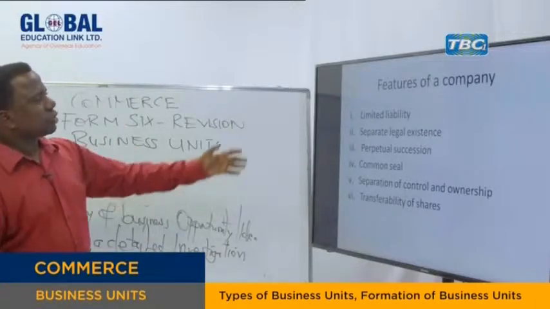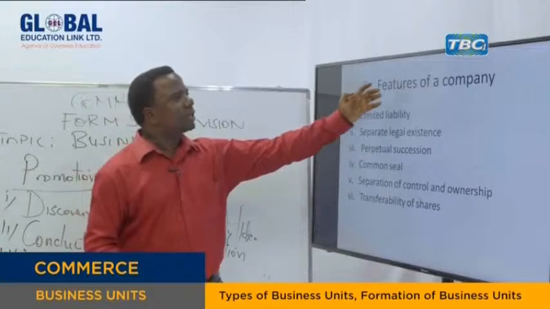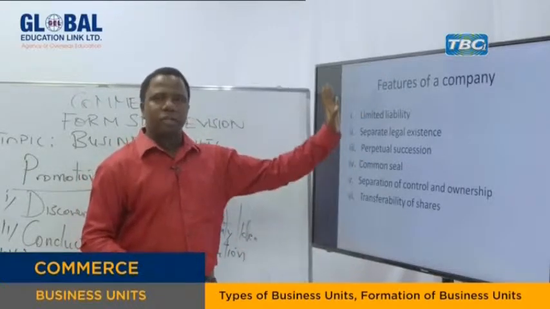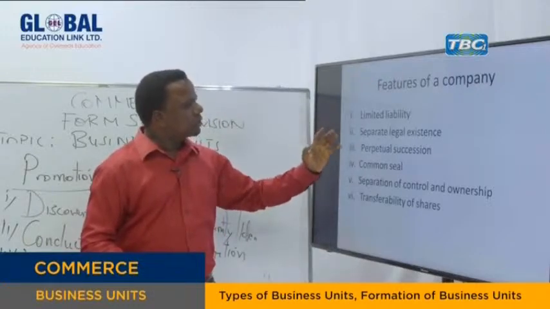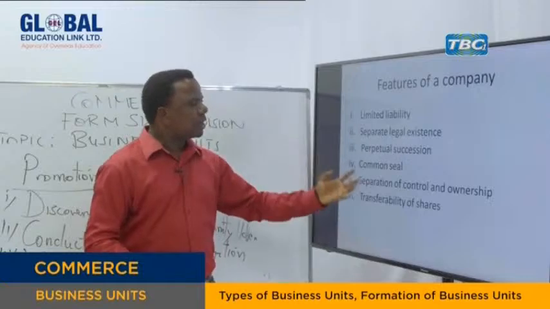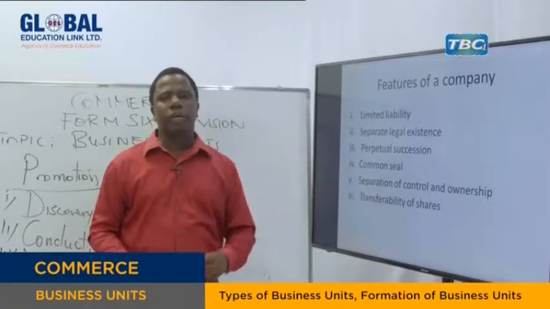Another part to remind you of in this session is the features of a company. These are the basic features of a company: limited liability, separate legal existence, perpetual succession, common seal, separation of control and ownership, and also transferability of shares.